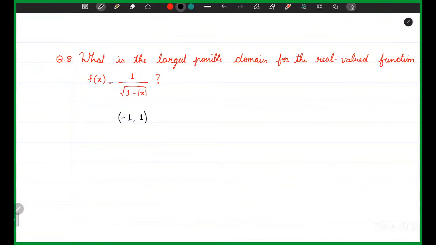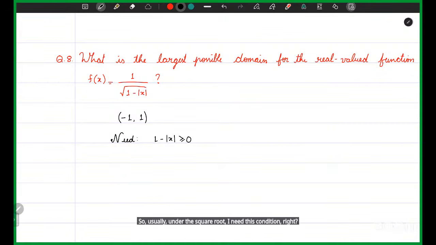When you put x equal to 0, it's not infinite. It will usually be under the square root, so I need this condition, right? Yes, but then again, this is in the denominator as well. The denominator cannot be 0, so I want this also, which of course I can write together as just this.